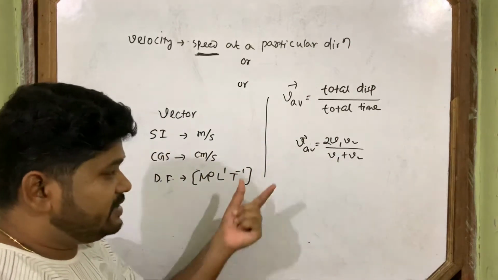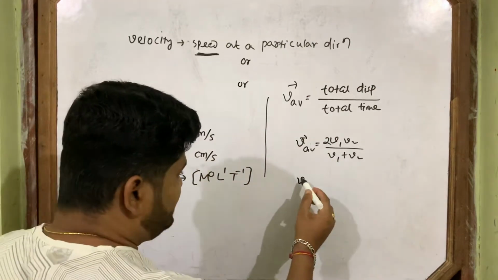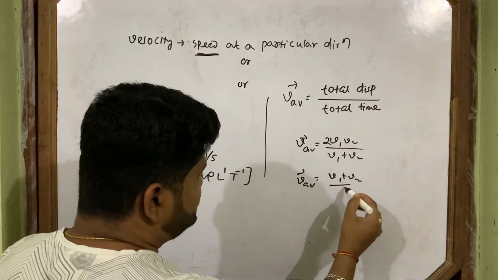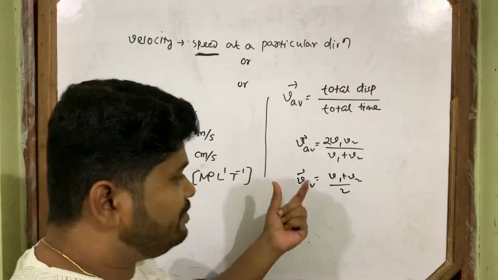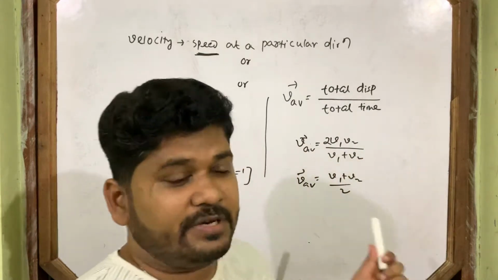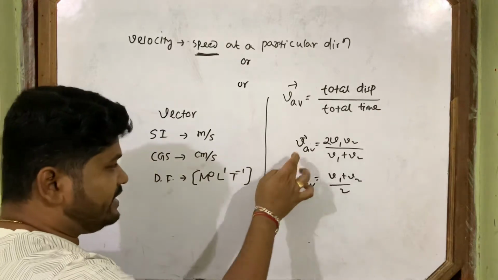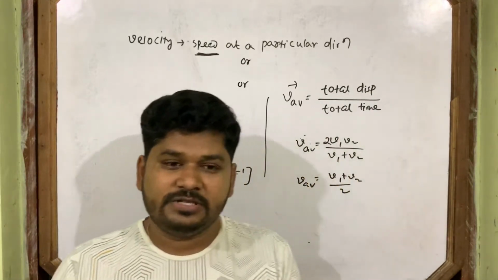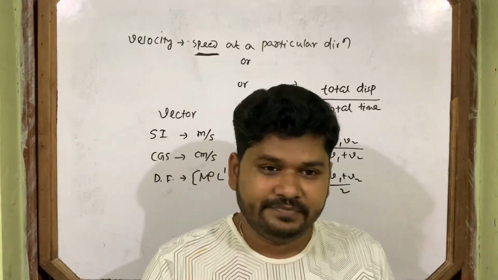And for the time division formula, V average is V1 plus V2 by 2, again in a particular direction. When motion is in a particular direction, speed and velocity are the same thing, so average velocity and average speed can be used interchangeably.